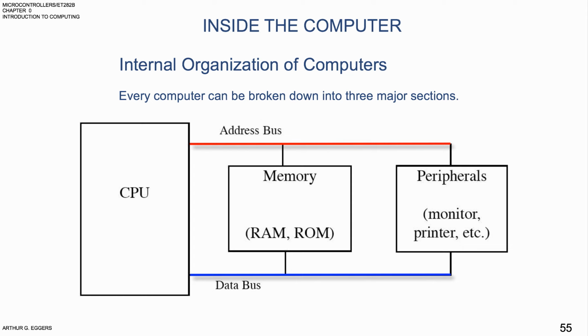The control buses are used to provide read or write signals to the device to indicate if the CPU is asking for information or sending information. Of the three buses, the address bus and data bus determine the capability of a given CPU.